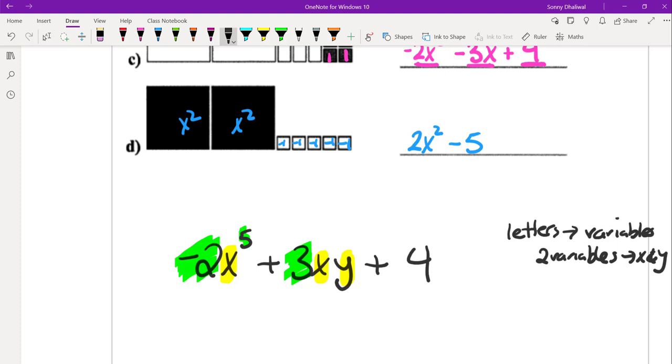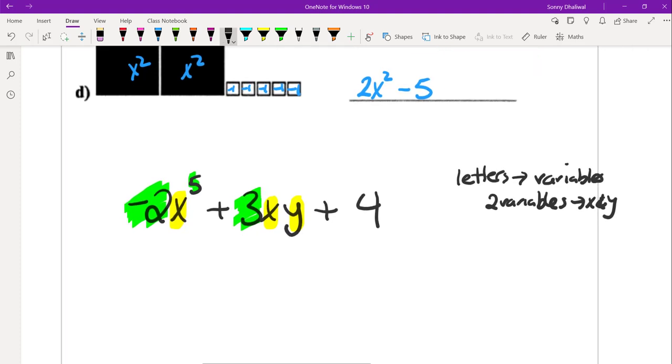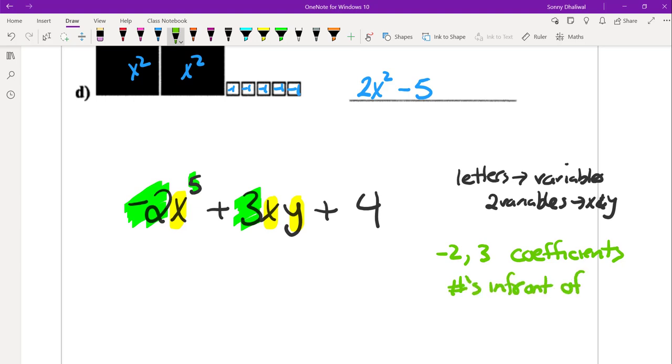Those are numbers in front of variables. Numbers in front of variables are called coefficients. You may remember that from the first chapter, but that was a couple months ago now. So the 5 and 3 are called coefficients. Okay, numbers in front of variables.